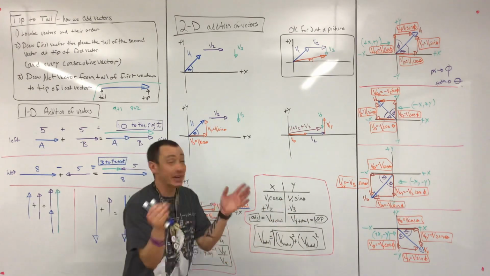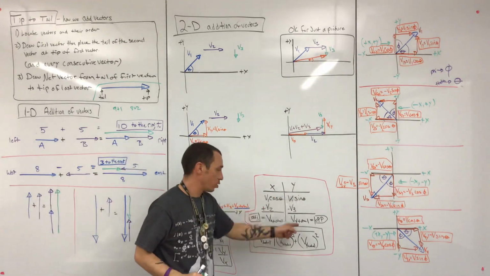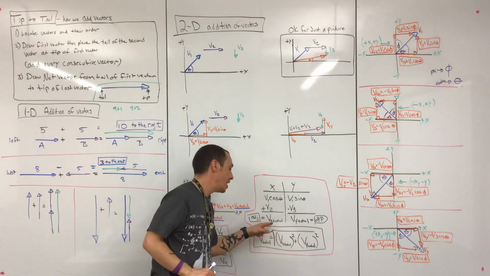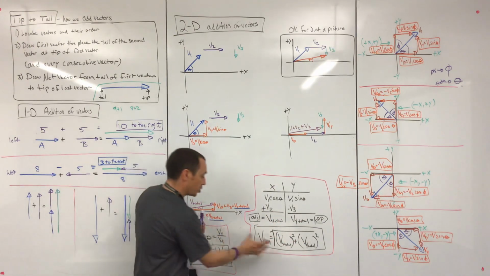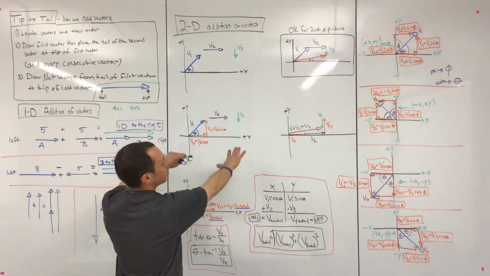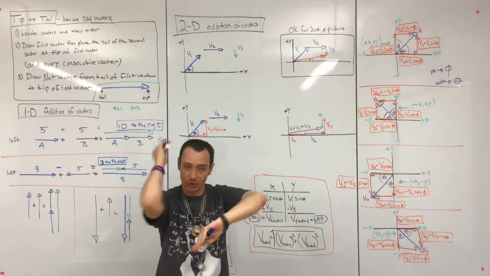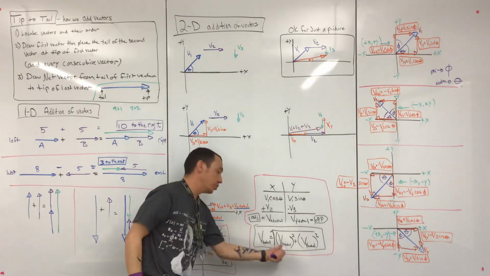And then keep in mind, yes, over here we can just directly add x's and y's, normal arithmetic. But to add x's to y's, you need the Pythagorean theorem. So once you get the x's and the y's, to bring them together, whether you're doing this or anything, if you have two components, an x and a y, and you need to add them together, you need to do the Pythagorean theorem.